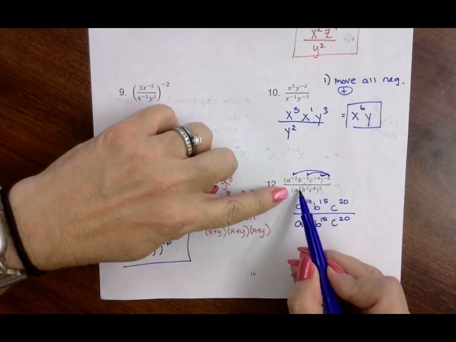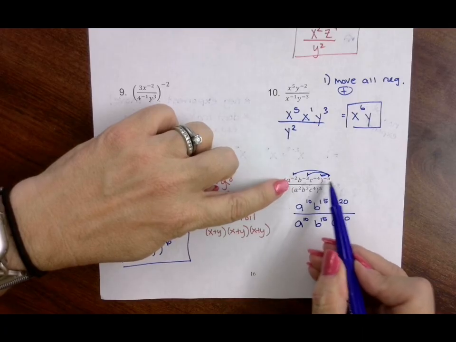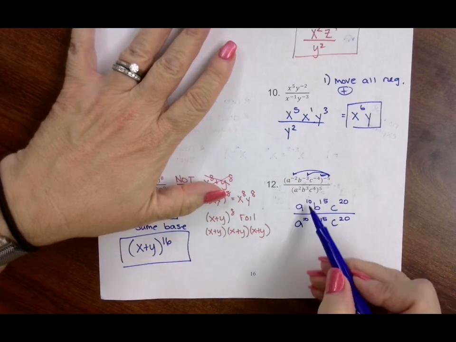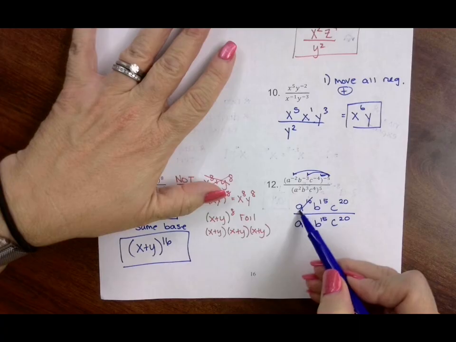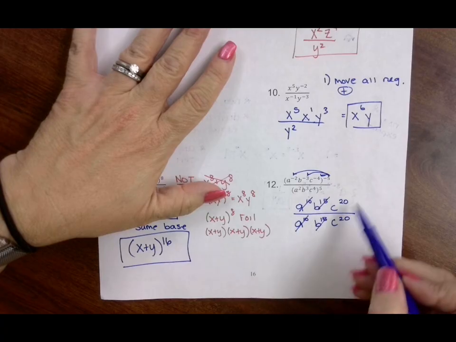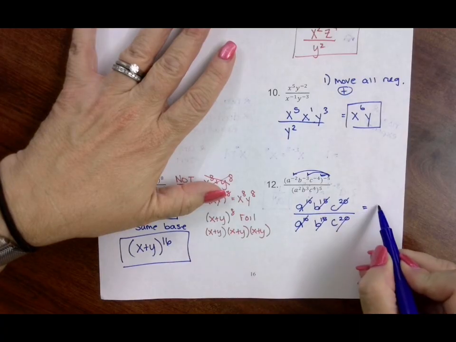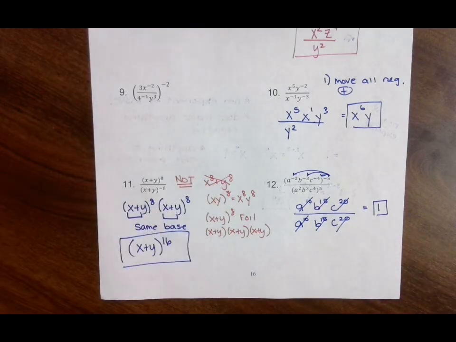So this gets distributed here. On the top I have a negative times a negative, so this is what I have. So I have an a and an a, so this cancels out, this cancels out, this cancels out, and so the whole thing simplifies to just 1. Okay? All right, I'm going to pause my video, and I want you to go in and do 7 and 9, and then I'll show you the correct answers on here.